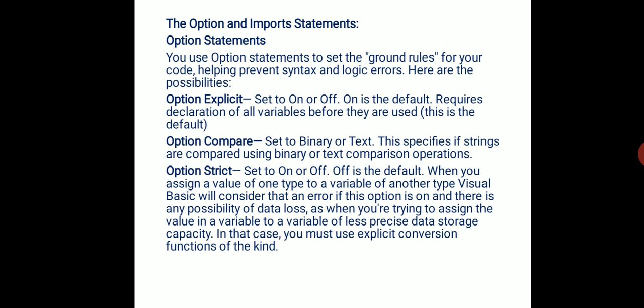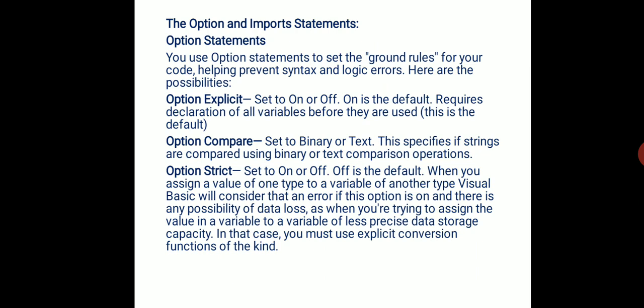These binary and text comparison operations are algorithms. Binary comparison operation uses the ASCII code of the strings to be compared, and text comparison operation is also an algorithm of comparison type.